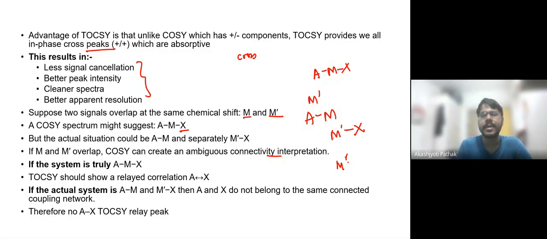If it is AMX only, then this AX cross peak will be obtained in TOCSY. If it is not present, then you will not get a cross peak. So you will understand M and M dash are two different spins and they are not correlated to each other.